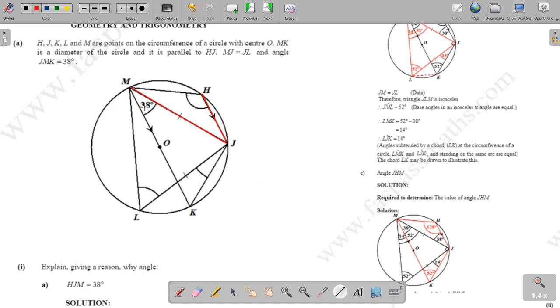Who could tell me what an angle equals to? It's 38. Why is it 38? I gave you all the answer before. What's the reason? This is in the Z. And what angles form a Z? What do we call that?